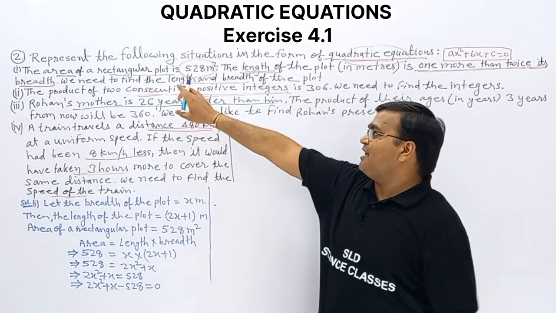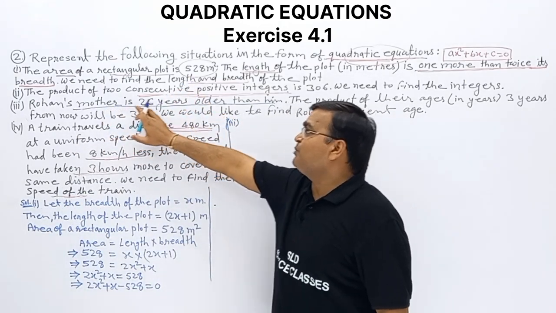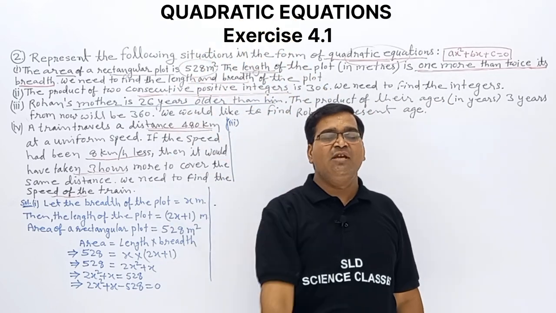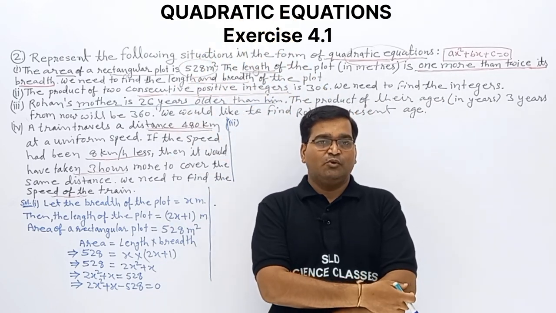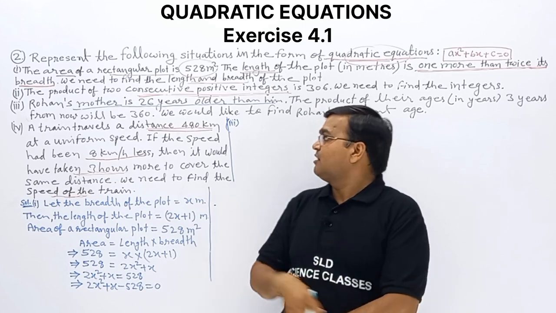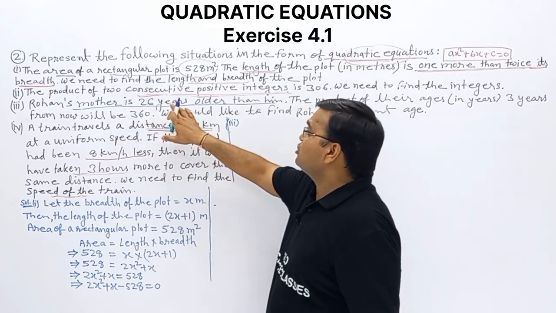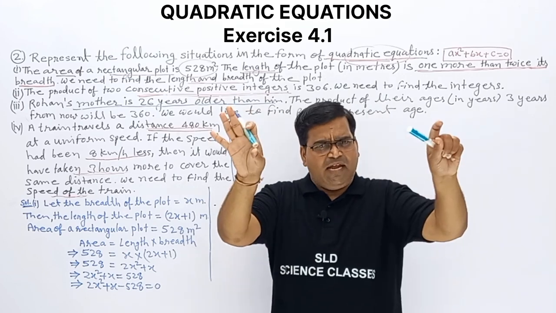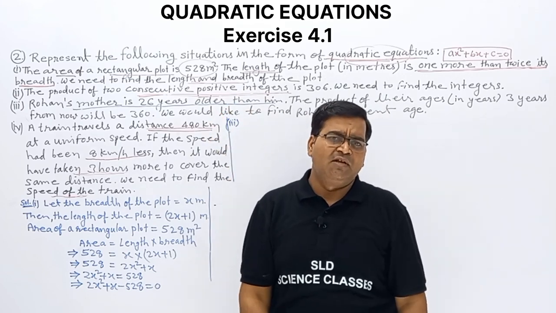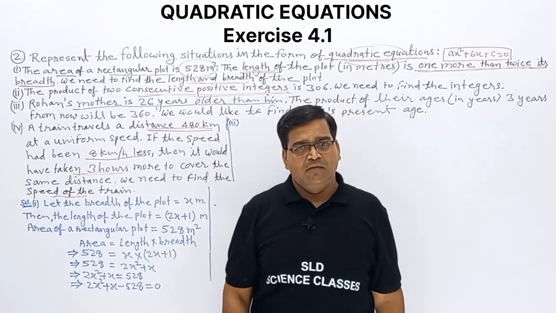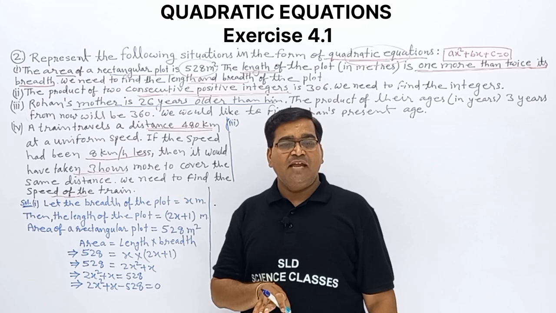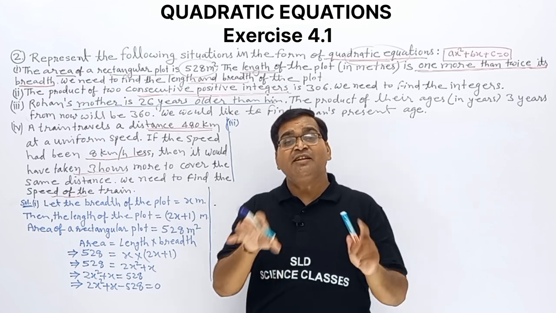In the first sentence, we have Rohan's mother is 26 years older than him. रोहन से उसकी माँ, प्रेजेंट जो रोहन की एज है, Rohan's mother is 26 older than him. Whatever age Rohan has, we will add to this age, the mother's age. That is the present age of his mother.